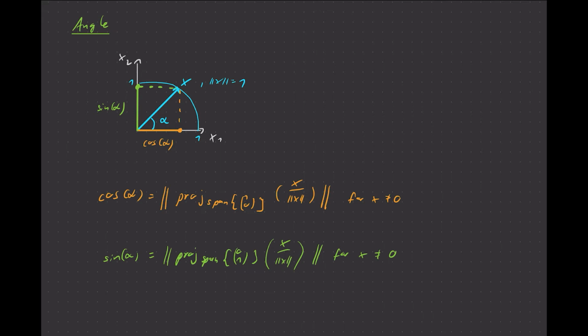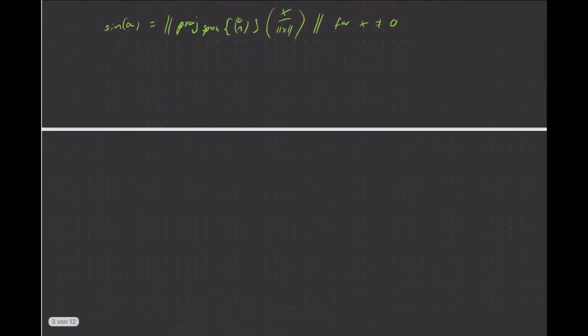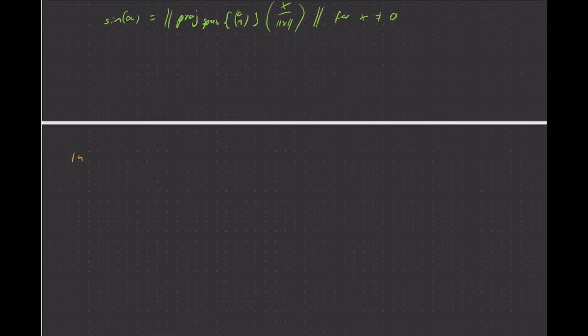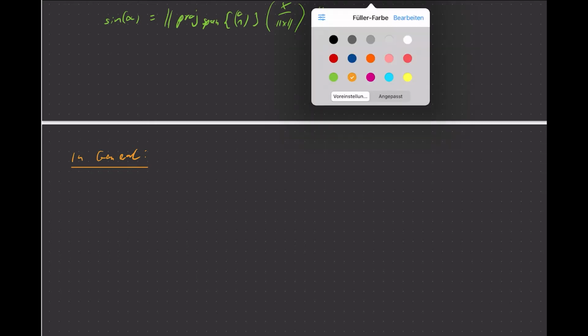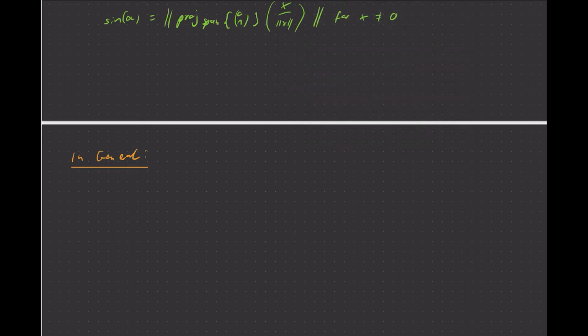In general, things are pretty similar. So let's say we have a setup where we have again a vector x, like this, of arbitrary length. And then we have another vector y, maybe like this here.